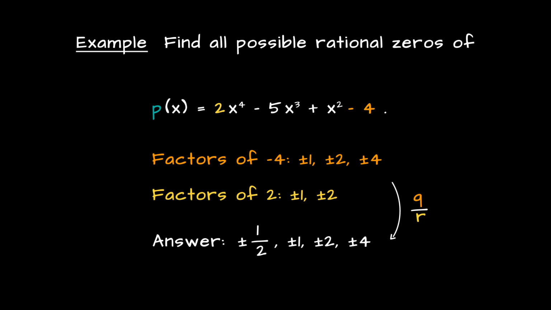It's important to understand that these numbers are not by any means guaranteed to be the roots of the polynomial p. All the theorem says is that if p has any rational number roots, they must belong to the list that we've created. To determine whether these numbers actually are roots, you can of course simply substitute them into the polynomial and see if the result is 0.